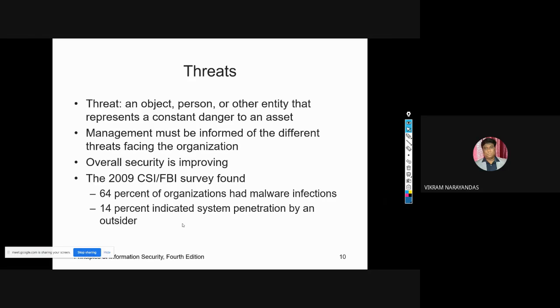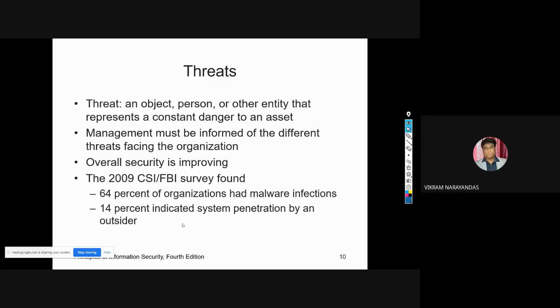So first of all, what is a threat? A threat is an object, a person, or other entity that represents a constant danger to your asset, to information. An asset is nothing but your information, your data. Everything in the organization may be an asset.